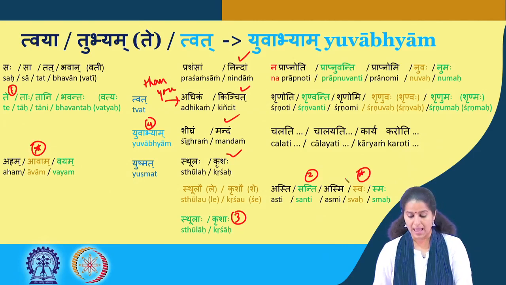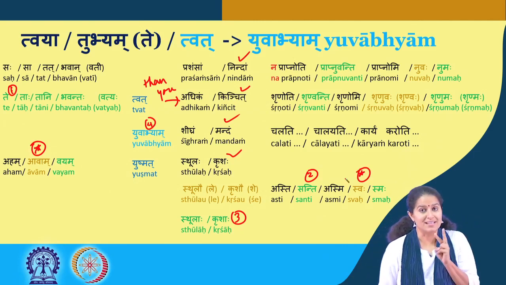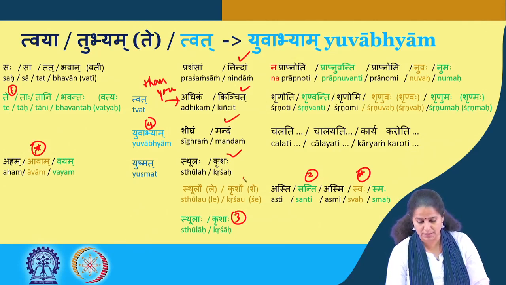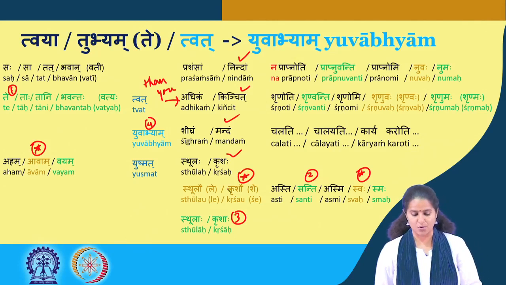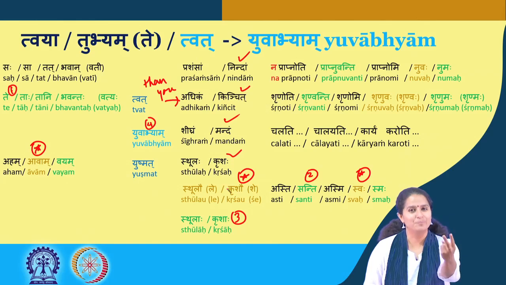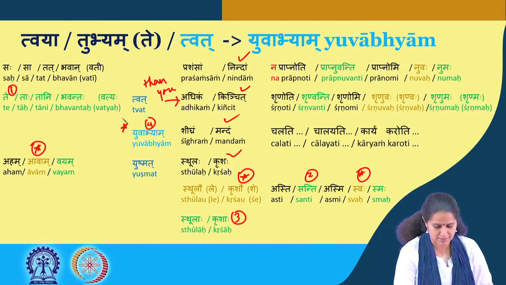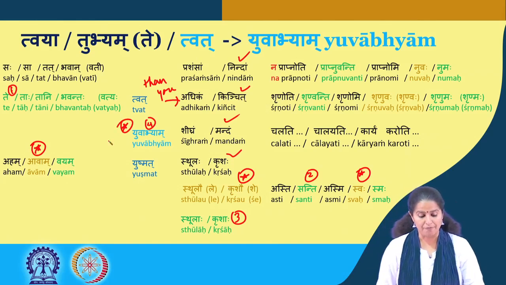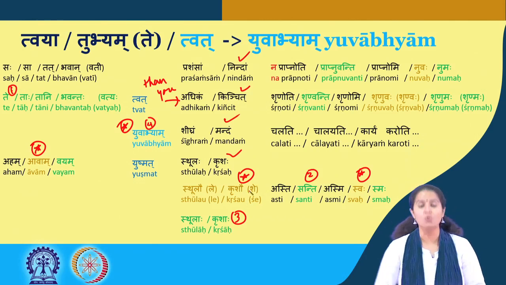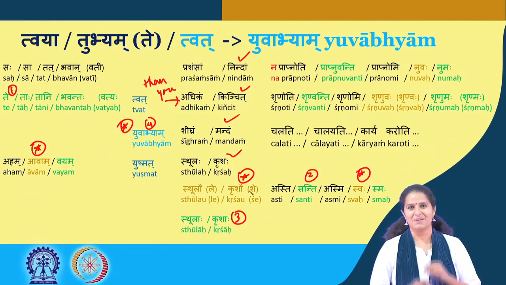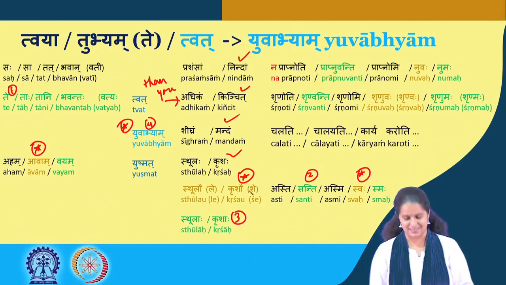Swaha. And because the two of us are thinner, it will have to be in the dual, the adjective. So, krishau, and then the two of you. So, it will also get this yuvabhyam. So, avam yuvabhyam krishau swaha. Uttamam. So, you're getting a hang of how to apply it in this case.